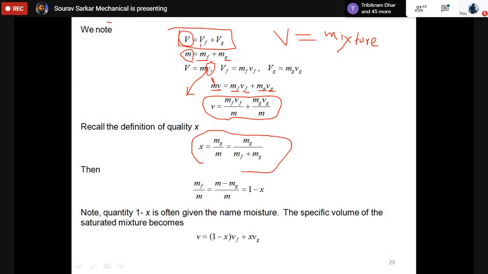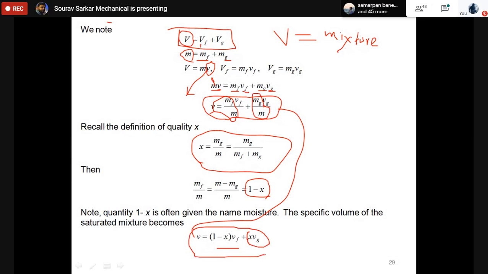Now if I implement this, my x equals mg by m, equals mg by mf plus mg. So I can write down that my mf by m is nothing but 1 minus x. So this expression can be written as my average volume equal to mf by m, which is replaced as 1 minus x into vf, plus the remaining part mg by m, which can be written as x.